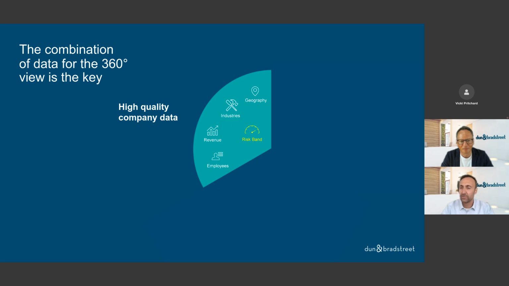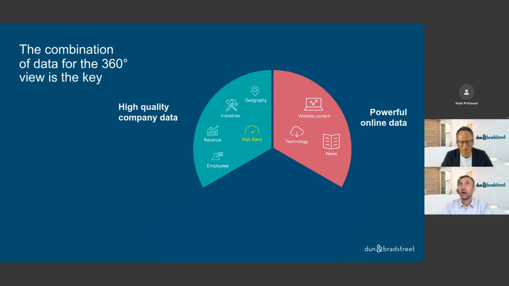So to be able to have the total picture of the companies I'm talking about, I need also to consider the so-called online data. So how companies describe themselves, as an example, on a website, what they are saying about themselves in news publications, and also what kind of technology they are using.